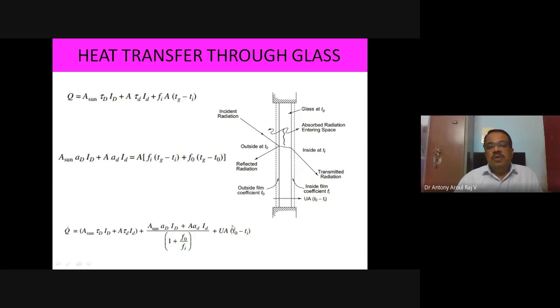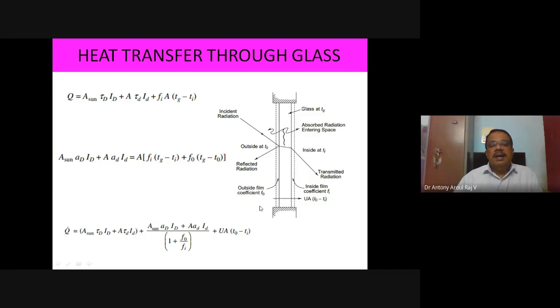That is how you get U: 1 by HI, plus L by K of the glass, plus 1 by HO. That is the total resistance. I take the reciprocal of that and get the overall heat transfer coefficient. So U into A into (TO minus TI) will be the steady state heat transfer, which exists because of the temperature difference.